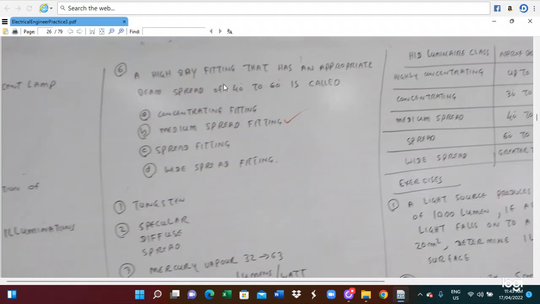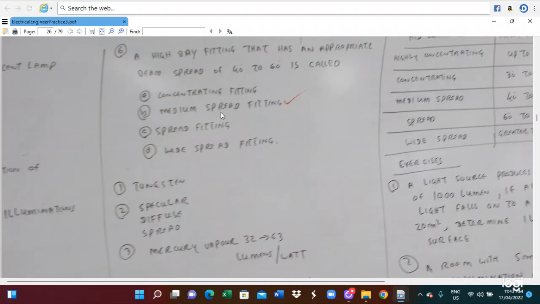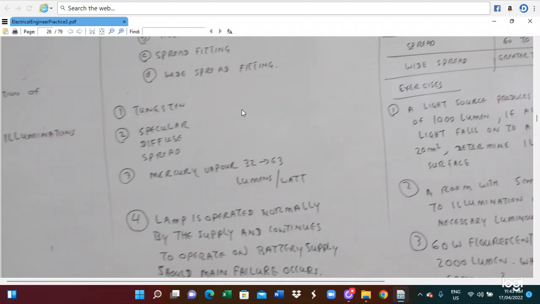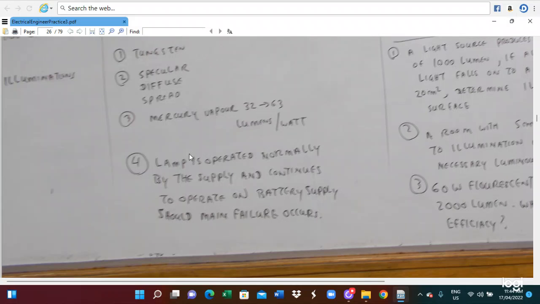A high bay fitting that has the appropriate beam spread of 46 to 60 degrees is classified as a medium spread fitting. In this case, the light is a mix of tungsten, and there are 3 types of reflection: specular, spread and diffuse.